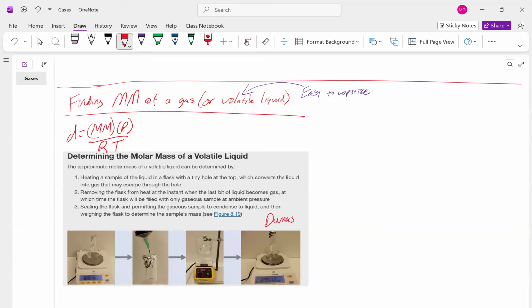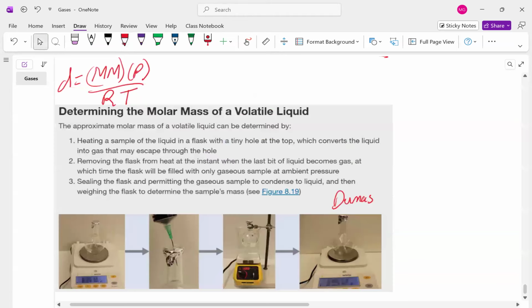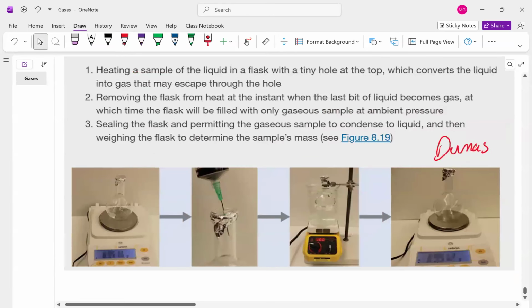Basically, what we do is we put some gas or volatile liquid in a flask and cover it, and poke some holes in it just to let atmospheric gases escape. When we heat it up, the liquid inside evaporates and forces out all of the air, so that the only thing occupying the flask is a gas.